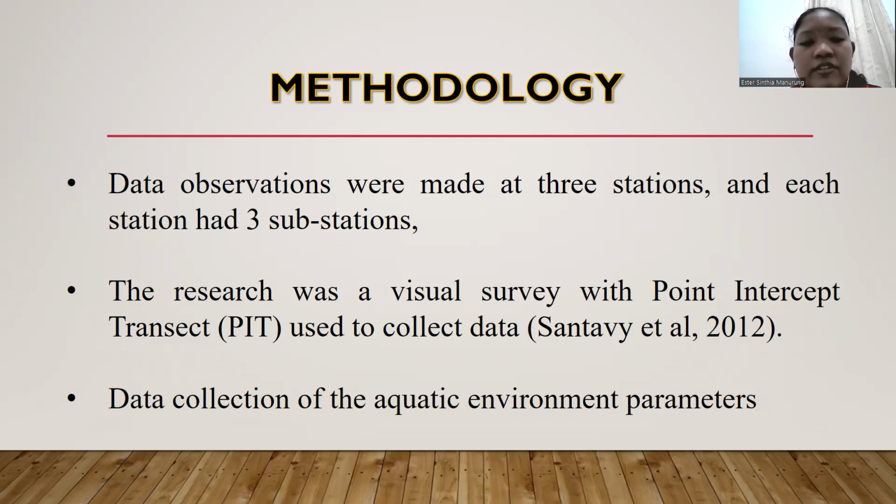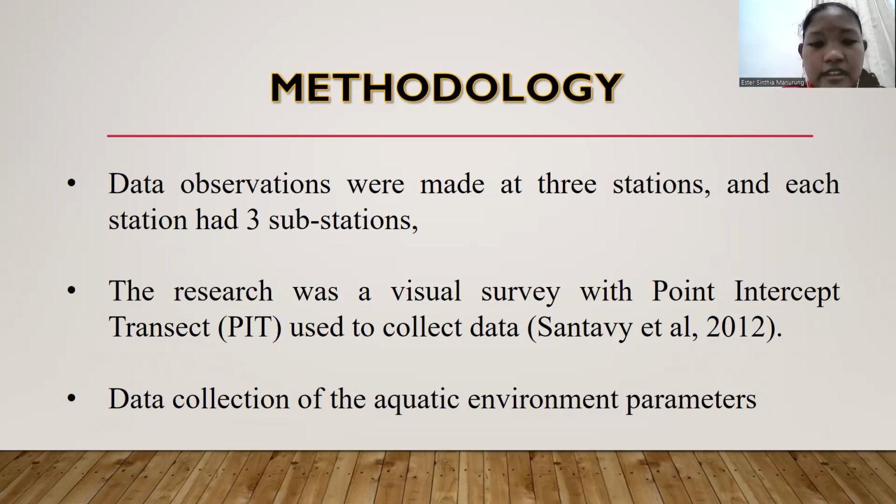Observations were made along the transect line by recording all categories of growth forms or life forms at each distance of 0.5 meters, with three repetitions. Data collection of aquatic environment parameters such as dissolved oxygen, current, water transparency, pH, salinity, and temperature were done in situ at the same stations as the coral data collection.